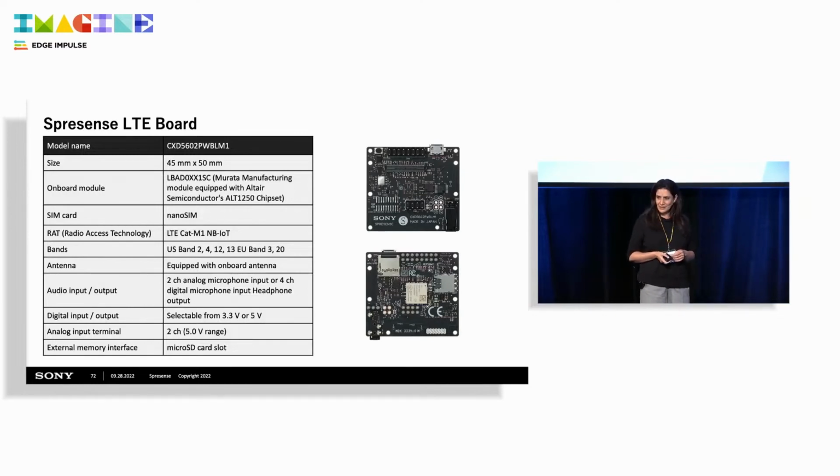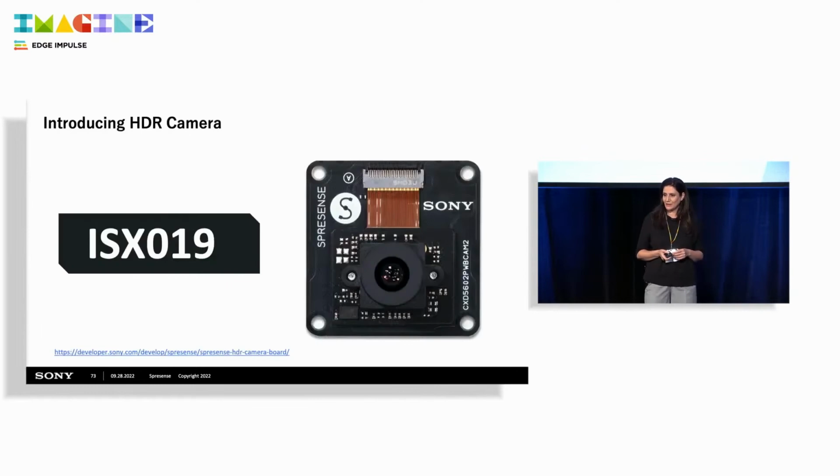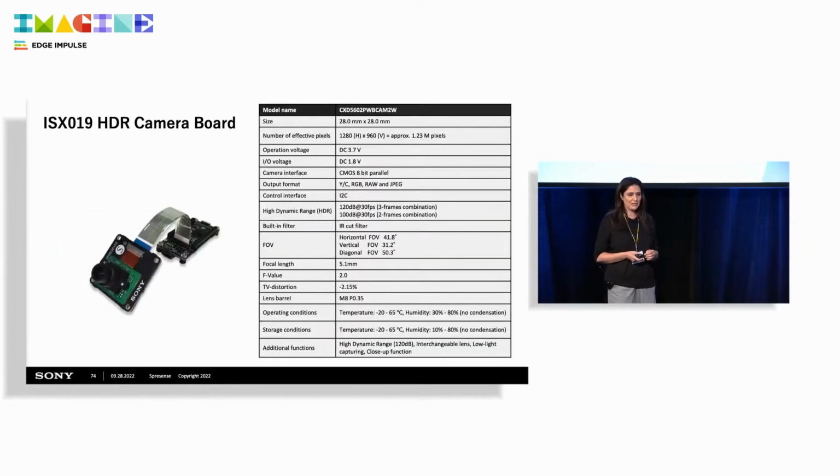After this, I'm going to talk about our camera. The camera, as I told you, is a new component for the Spresense family. It is using the image sensor ISX019 from Sony. The advantage of this camera over the old one is that this is an HDR camera.